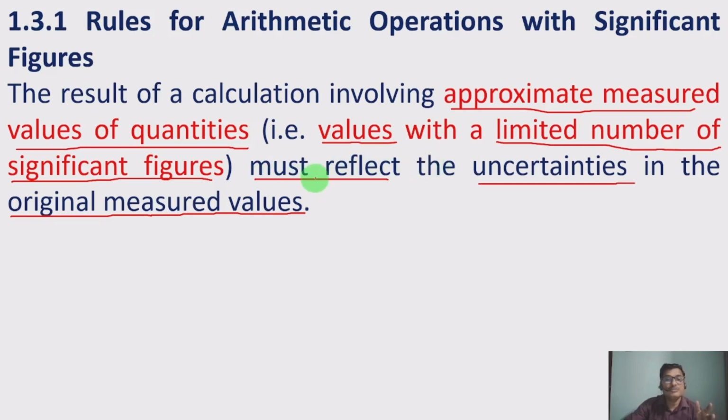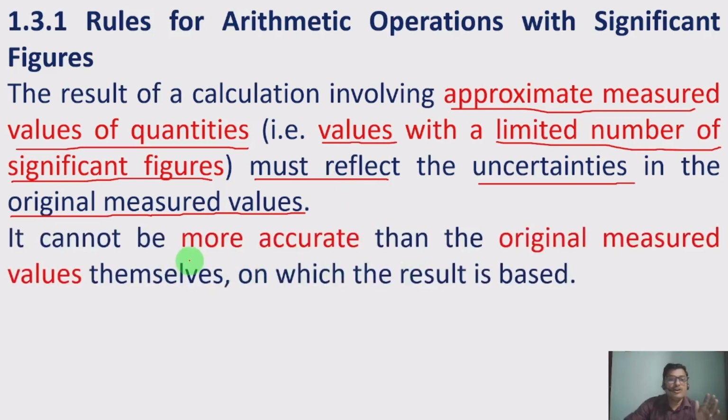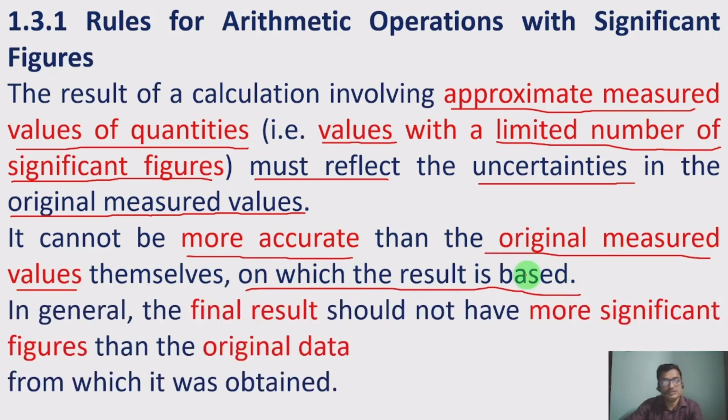That errors of measurement we are going to discuss in the next session. But here we'll take the rules to consider the significant figures. The result cannot be more accurate than the original measured values on which the result is based.